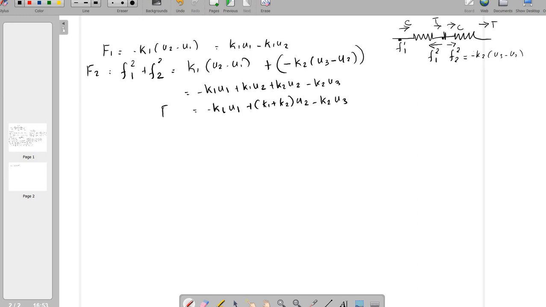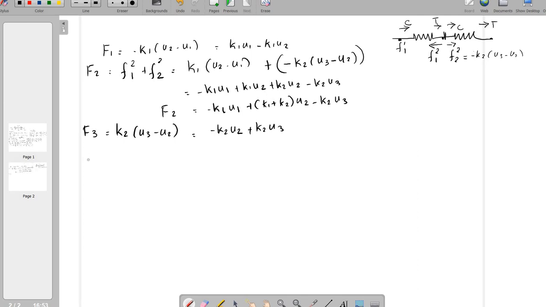So this is F2. Similarly, F3 is simply the force vector of the last element. Here the last element is subjected to tensile force, so it is a positive quantity, that is K2 (U3 minus U2). So we are arranging in the order of U2 and U3: minus K2 U2 plus K2 U3.